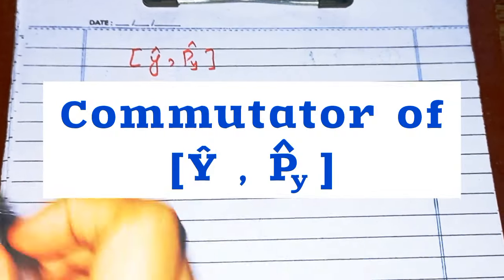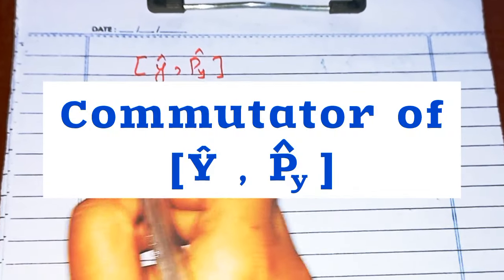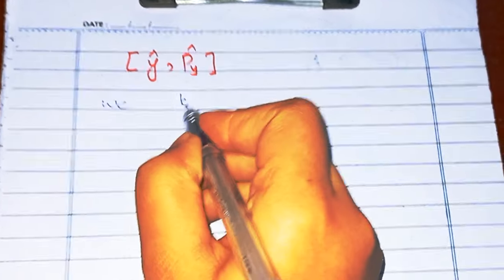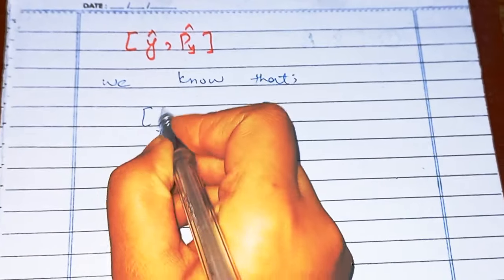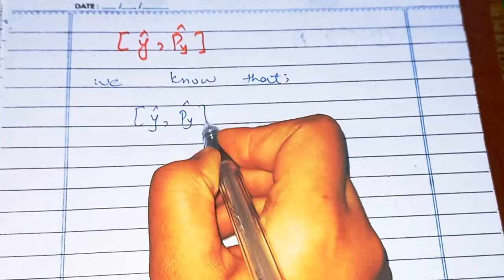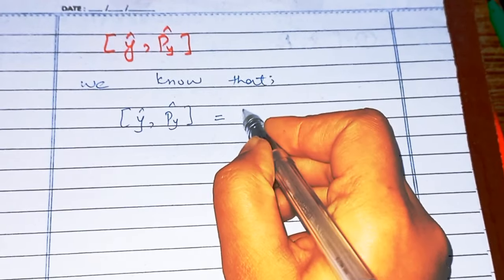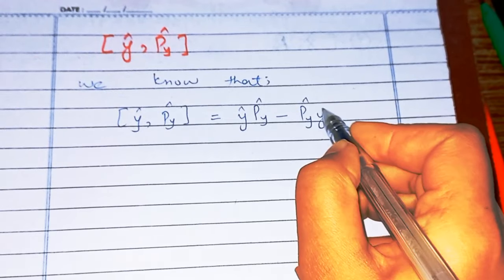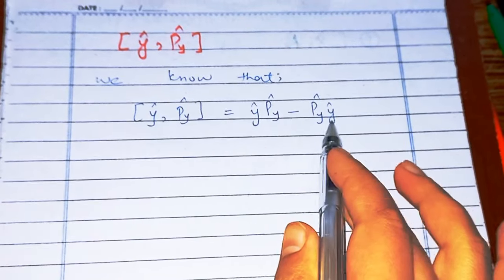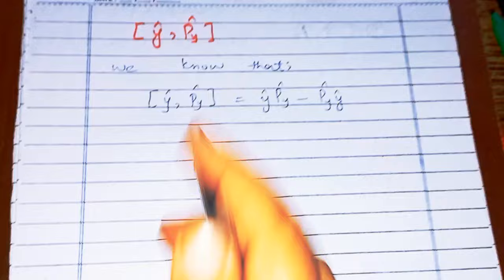Let's calculate this commutation relation now, and the process is really easy. We know that this commutation is actually the first operator times the second operator minus the second operator times the first operator. Alright, this y is in the subscript of momentum.